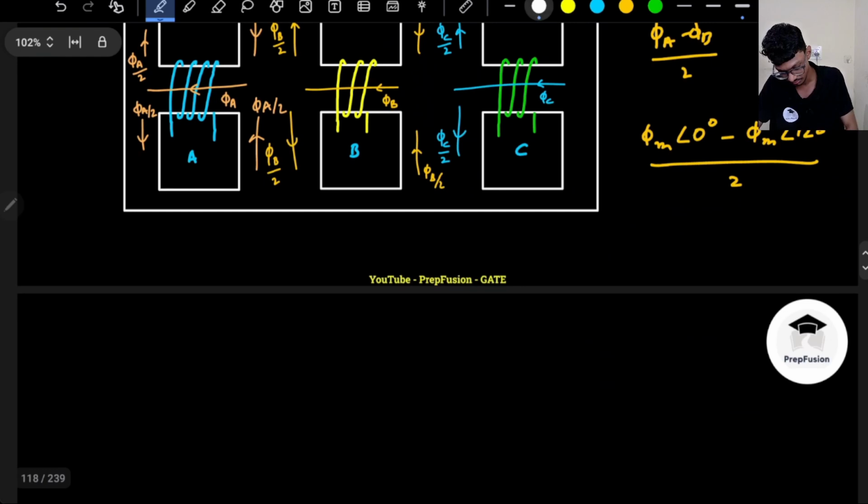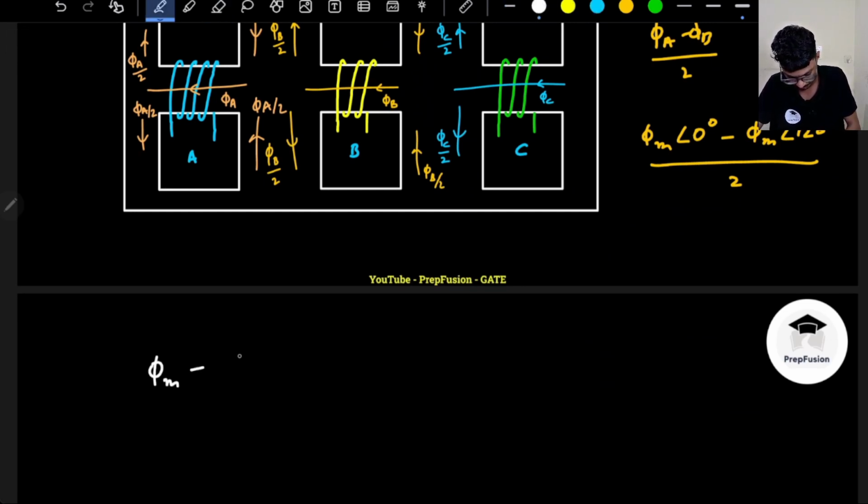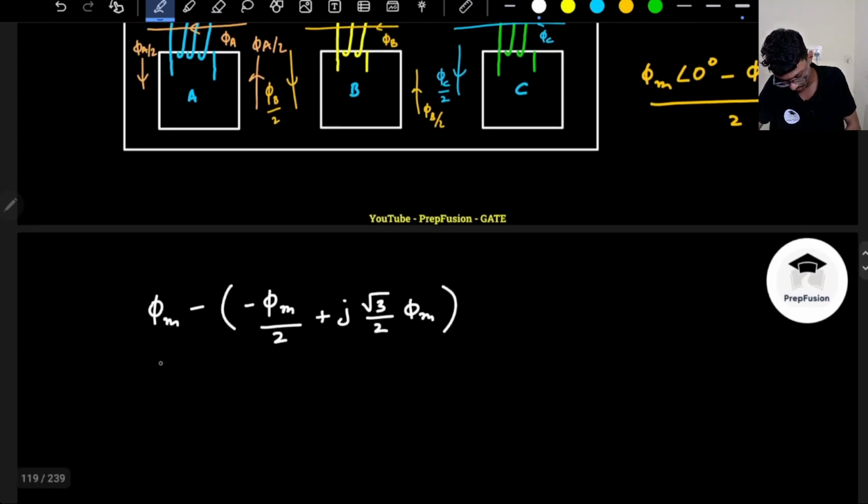Then minus, this is phi m cos of 120. Cos of 120 is minus 1 by 2, so this will be plus phi m by 2. Then plus j times sine of 120, which is 0.866, root 3 by 2, phi m divided by 2.